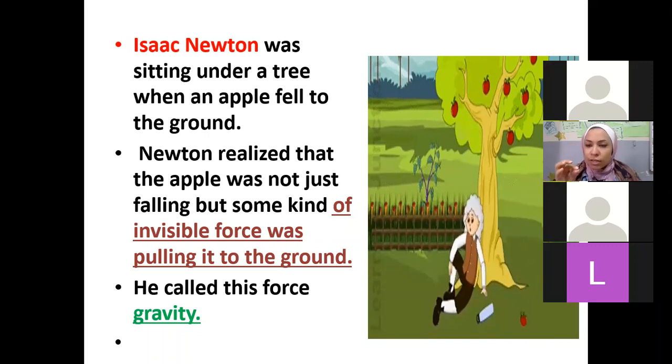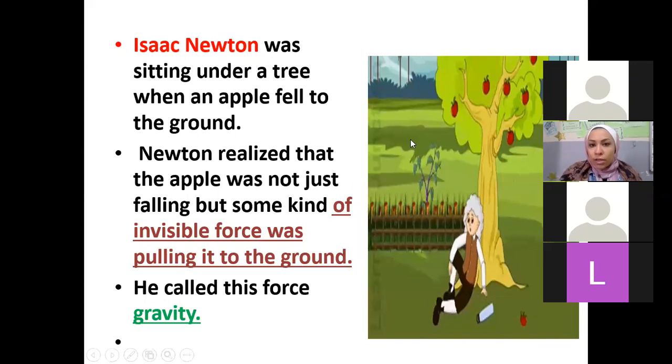So the weight is the thing that changes wherever we are. If we're on Earth, it is affected by the gravity of Earth. So the weight on Earth will be different than the weight on Mars, than the weight on the moon, because each one of those planets, and of course the moon, has its own gravity.